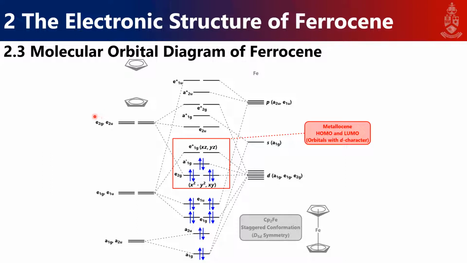It is a very intense diagram, I do get it, but what you take from it is that we fill 1, 2, 3, up to 18 electrons, and we have our HOMO and our LUMO orbitals identified.